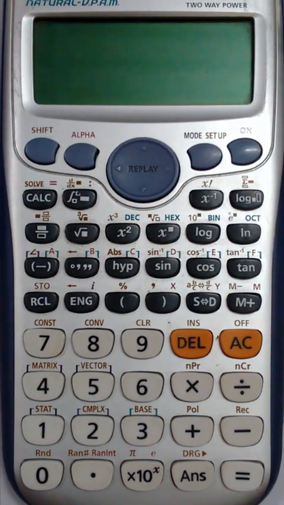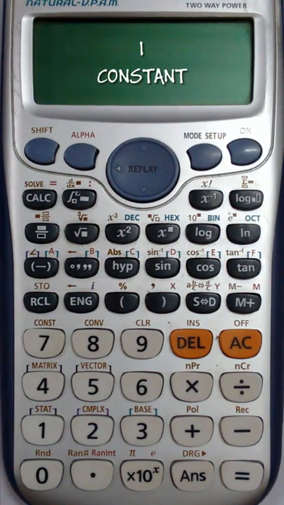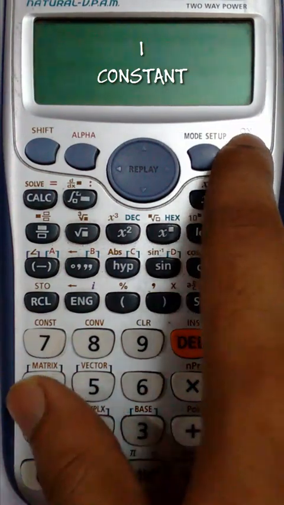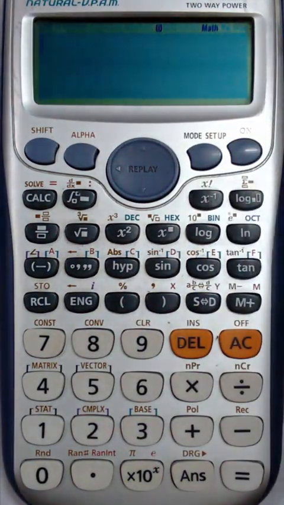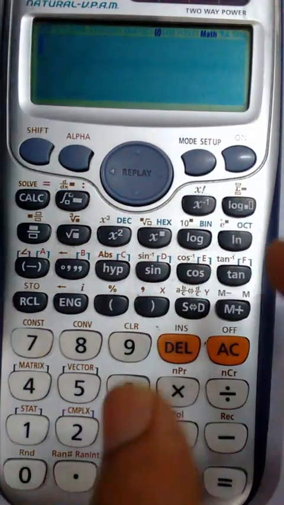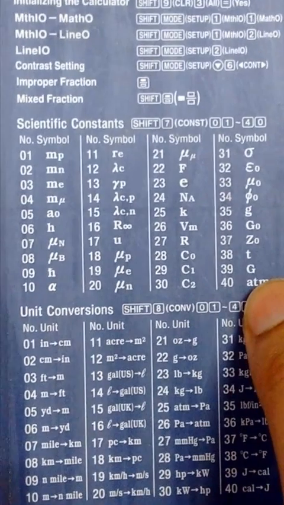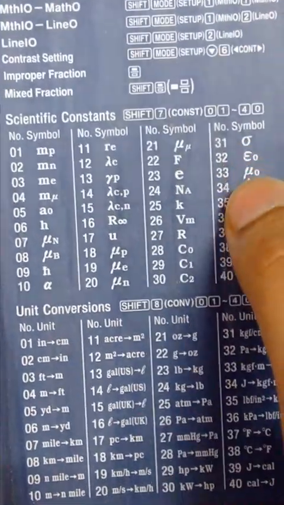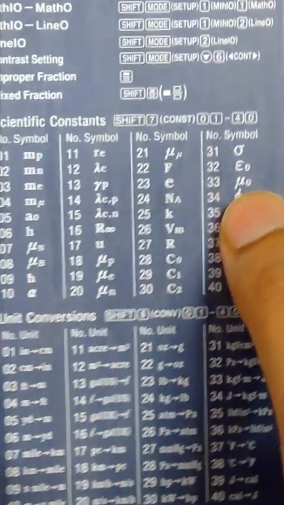calculation. The first technique I want to share with you is the constant method. This is the constant value that you have to add onto your calculations. You can see here, this is the cover. Forty different constants are given. Suppose I want to use this 33, mu0 constant. Then how to use this?